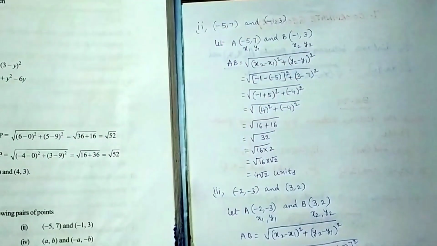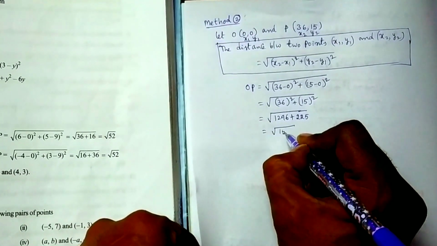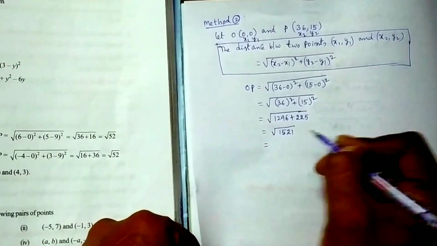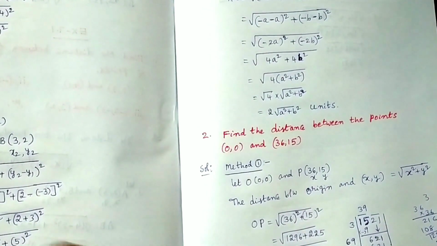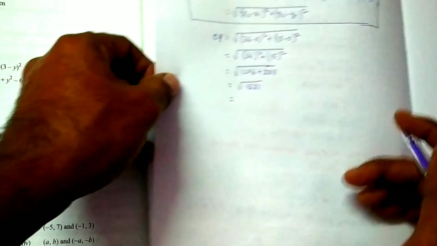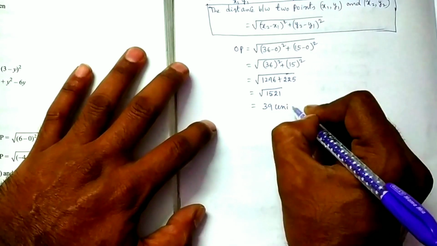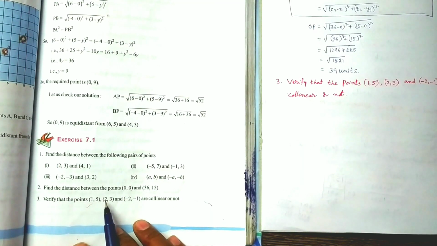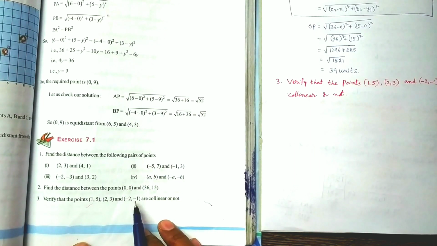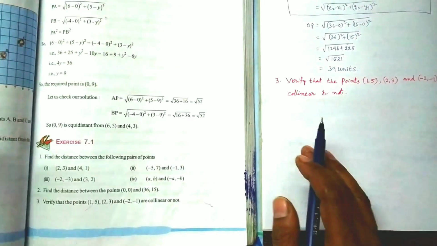The sum of these values is 1521. So square root of 1521 is 39 units. So 39 units.